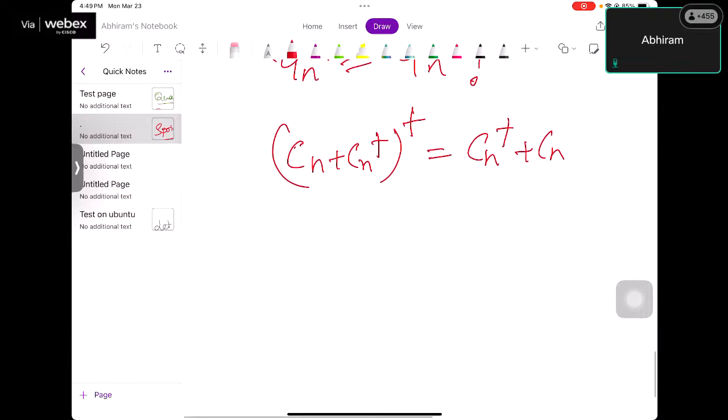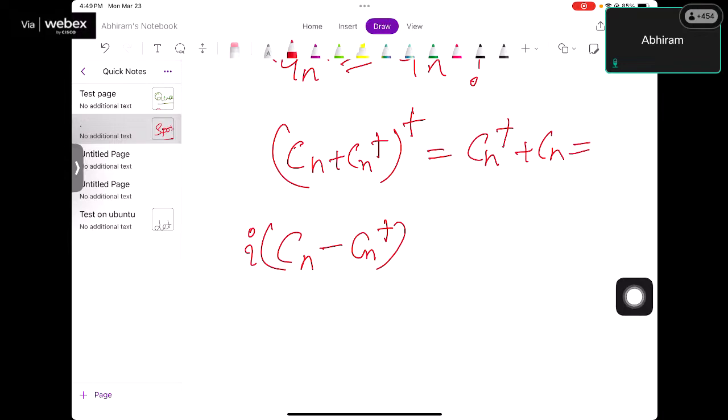There is another way of making a Majorana fermion, which is Cn minus Cn dagger, the whole thing multiplied by i. When you take the dagger, you get the same thing. What this means is that every electron creation or annihilation operator is made up of two Majorana fermions.